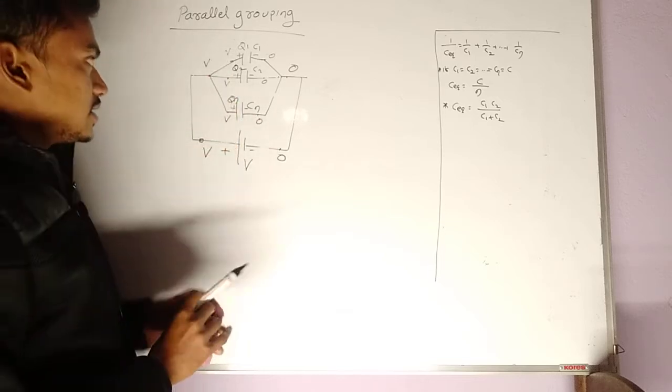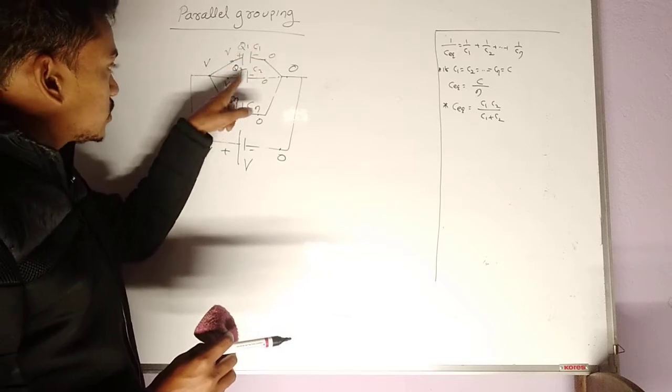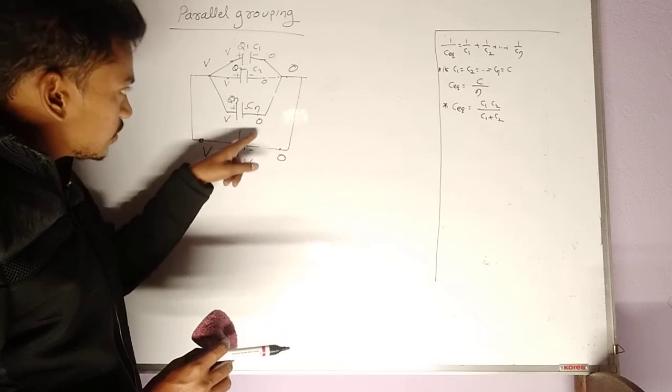So the potential difference across C1 is V minus 0, that is V, across C2 is V, and across Cn is V.